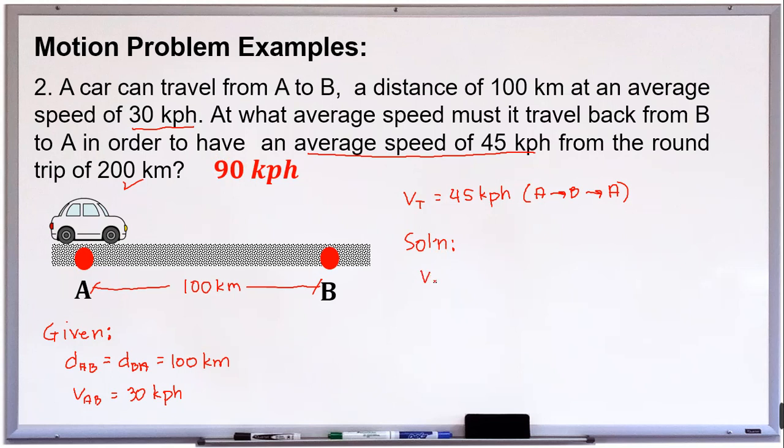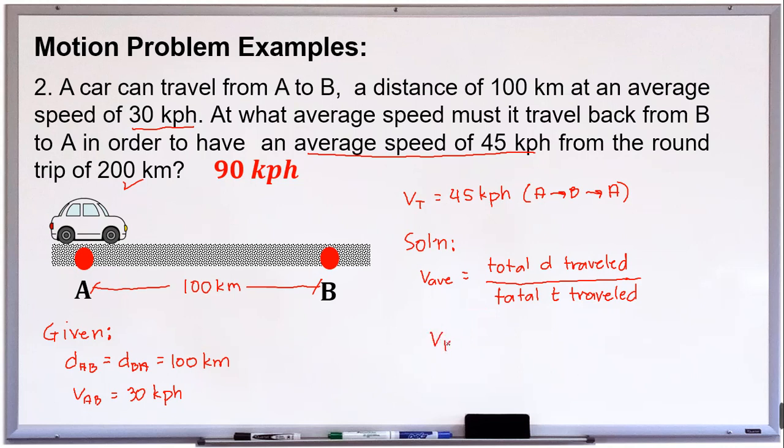So again, the average speed for an entire trip or for a particular trip is expressed as the ratio of the total distance traveled over the total time of travel.